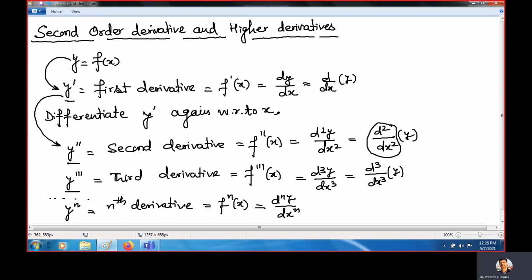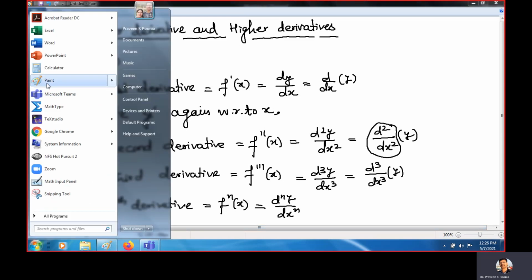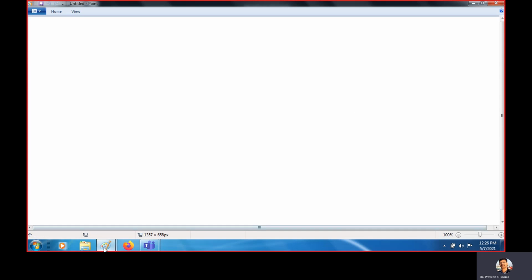Clear? So these are the first derivative, second derivative, and third derivative, and we can calculate them just by doing differentiation in continuous order.